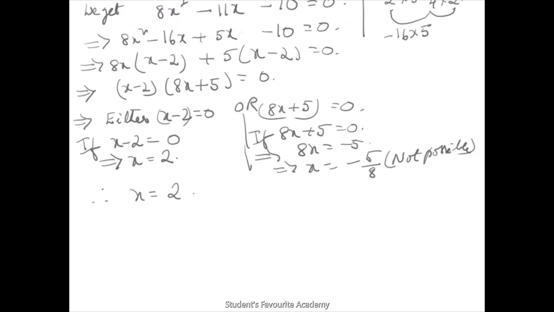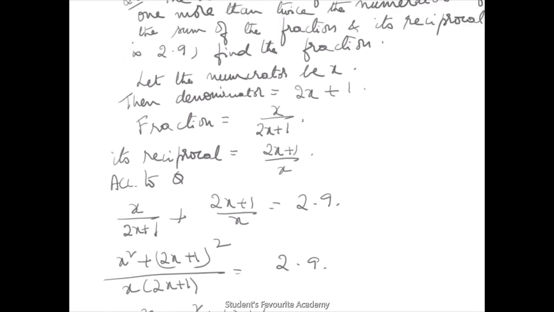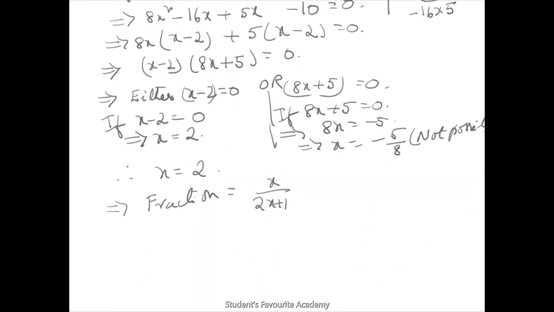So therefore x is equal to 2. What is the fraction? The fraction is x upon 2x plus 1. You remember here we got the fraction as x upon 2x plus 1. So now we will substitute the value of x in it.